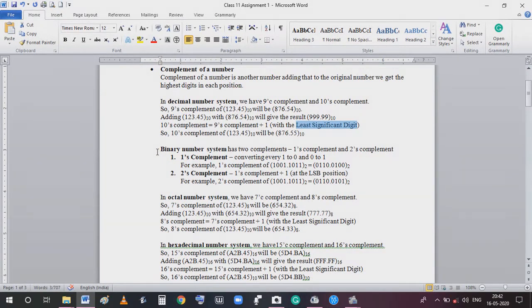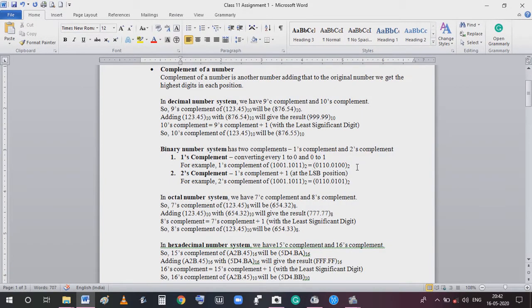Now let's come to binary. The binary number has 2 complements, 1's and 2's complement. The 1's complement is very simple. You have to convert every 1 to 0 and 0 to 1 in the number. Let us take an example, 100.1011. So the 1's complement of this is you convert each 1 to 0 and 0 to 1.